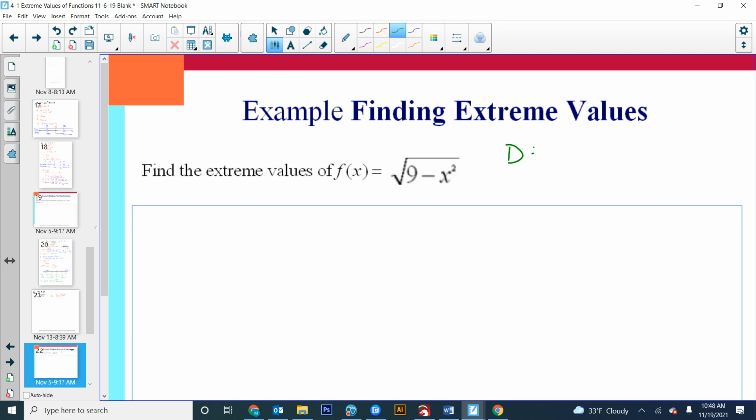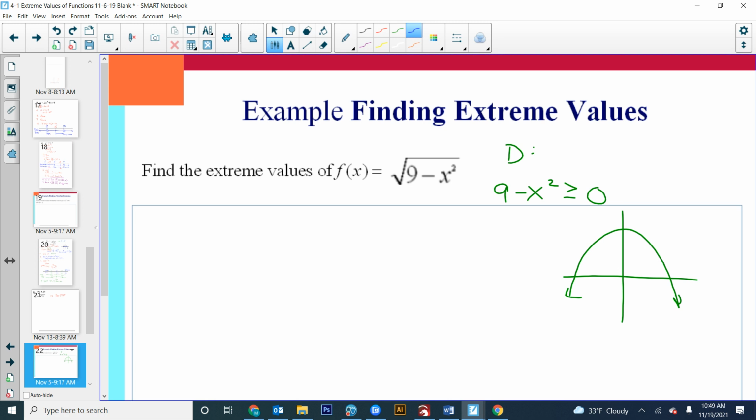What's the domain? 9 minus x squared needs to be greater than or equal to 0. Do you agree? The inside needs to be greater than 0, but it can be 0, since it's in the numerator. Hopefully you can graph that. Graphing this is going to give you your domain.